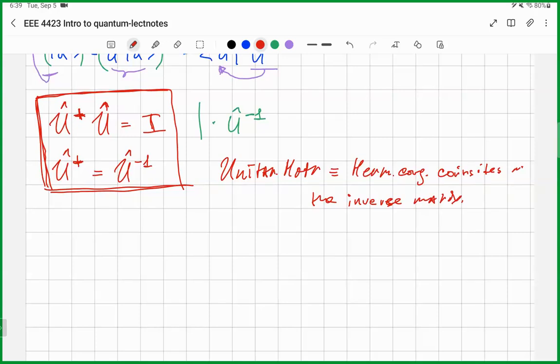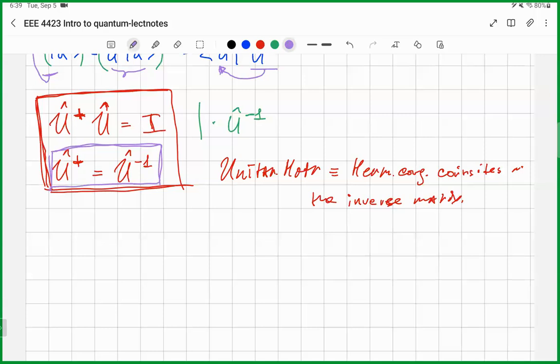Professor, I'm sorry, what does that say? Hermitian conjugation coincides, right? Coincides. So basically, I'm talking about this formula here.